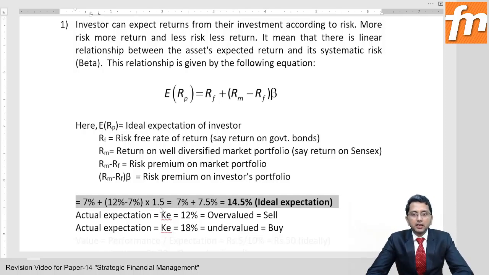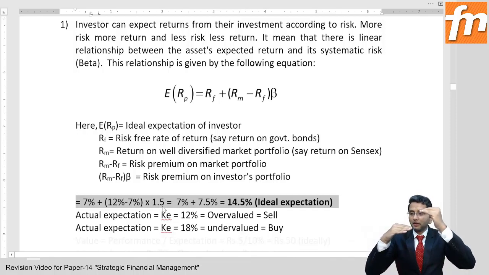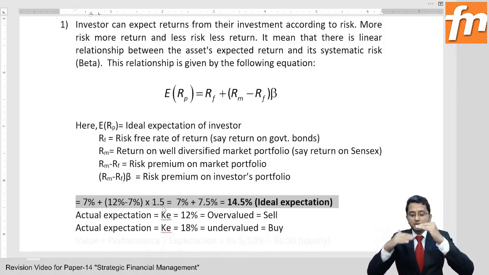Beta is not the measurement. 300 marks is the measurement, 1.5 is the index of marks. So similarly, beta is not a measurement of risk, it is the index of risk. If beta is 1.5, it means if market goes up by 10%, your security will go up by 15%. And if market comes down by 10%, your security will come down by 15%.